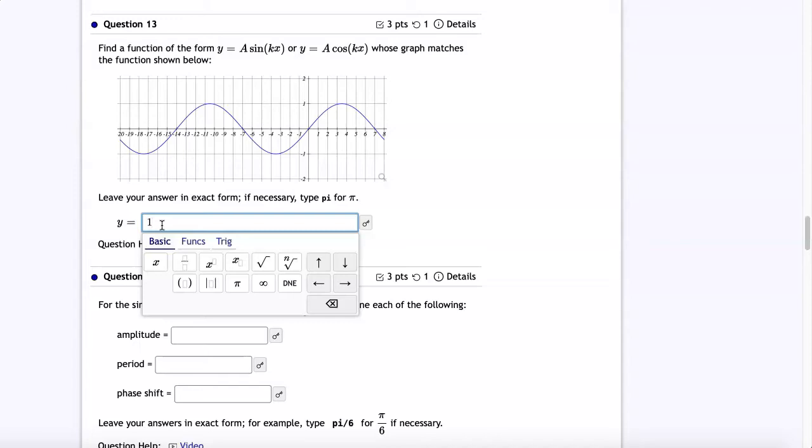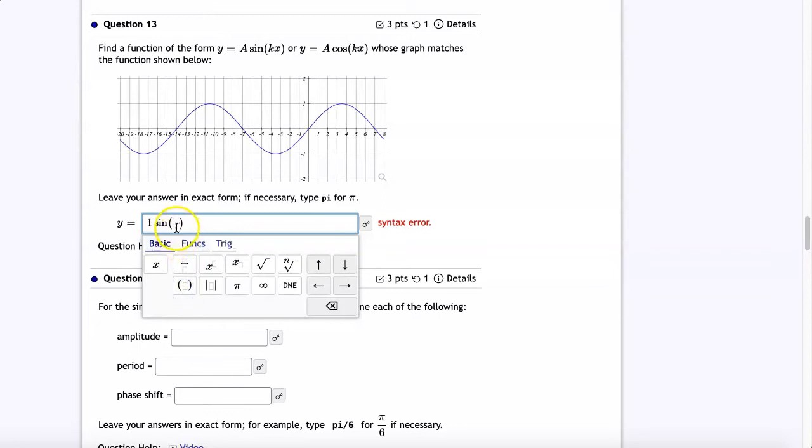So now I'm dealing with a sine graph, so I'm going to go ahead and put sine next. And then I'm going to have parentheses. And in my parentheses, I need to have this k value, which is the same as a b value.